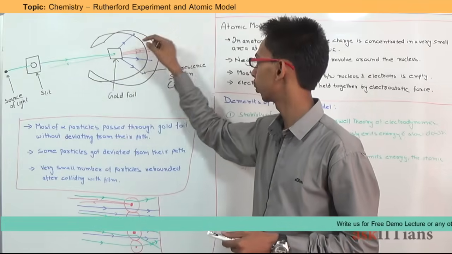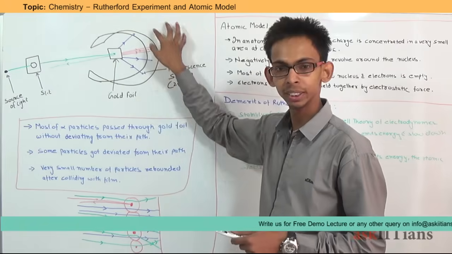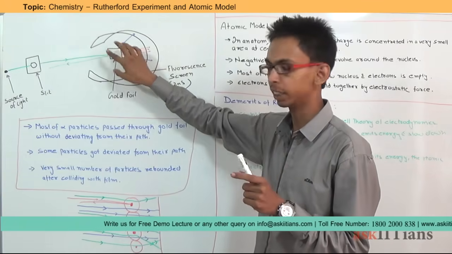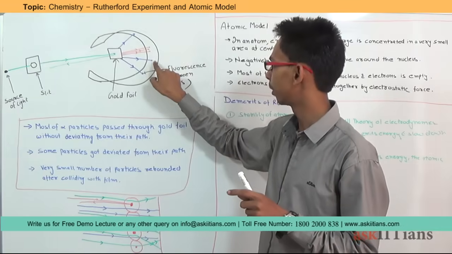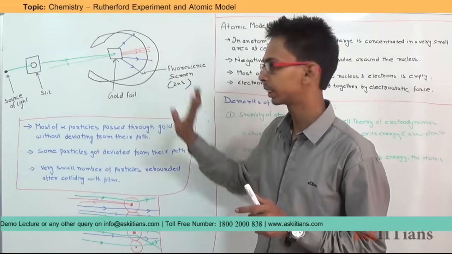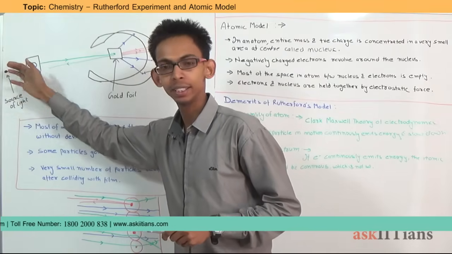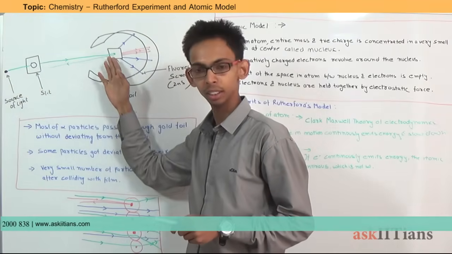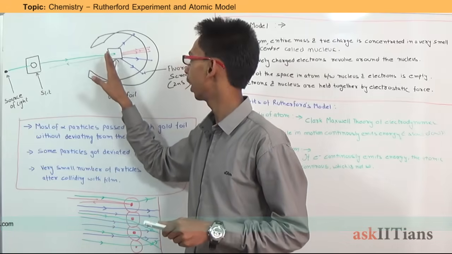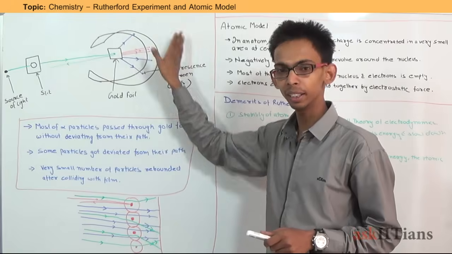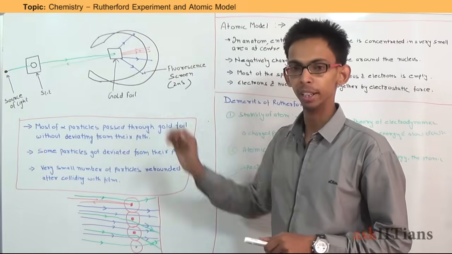Whenever a particle collides with the fluorescent screen, it produces some light. So he could observe the point at which the particle collided using the screen. So again, he bombarded the beam of alpha particles on the gold foil and allowed those particles to collide with the screen present behind the gold foil.